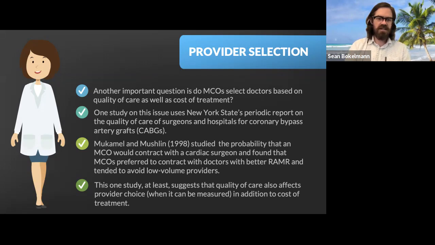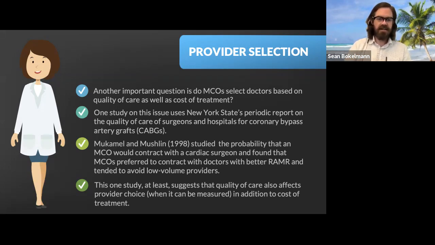This study was Mukamel and Mushlin, and they basically looked at the probability that an MCO would contract with a cardiac surgeon. And what they found was that MCOs preferred cardiac surgeons that had better RAMR, which is basically a measure of quality. It's risk adjusted mortality rate.